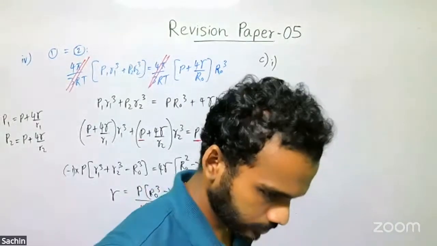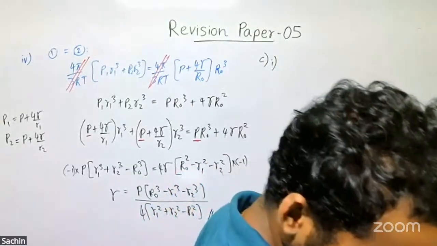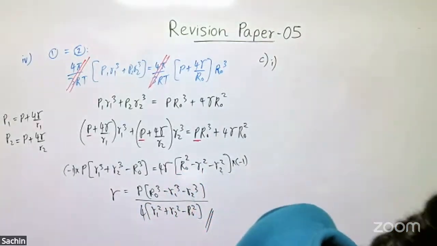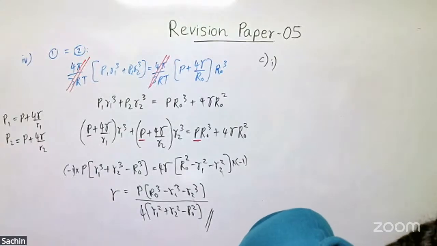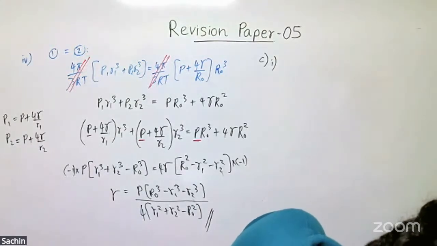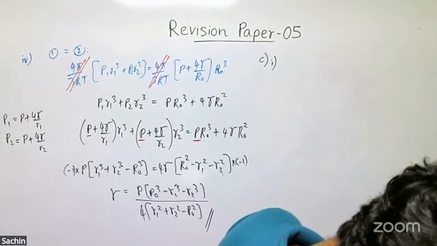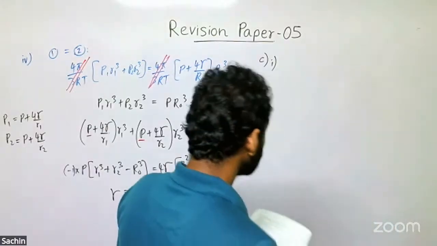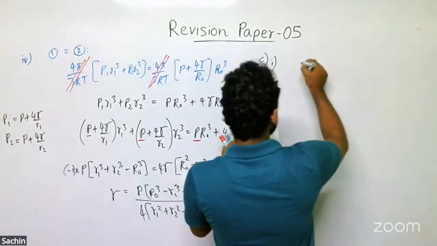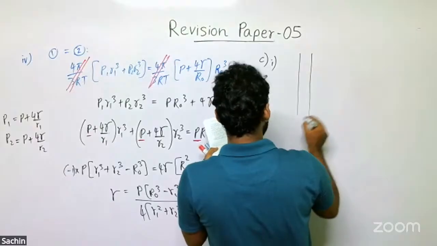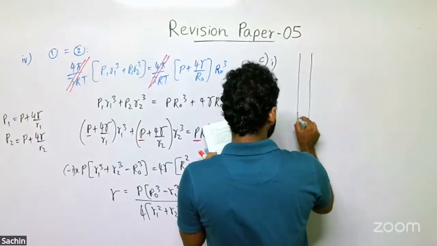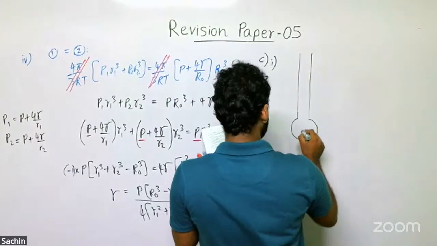Okay, so something like this. There is a capillary tube and there is a soap bubble at the end.